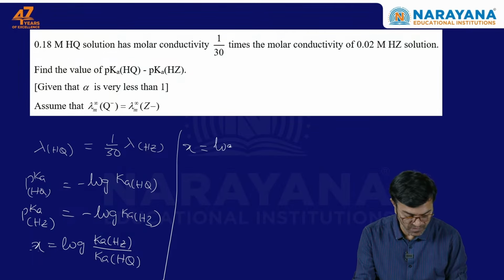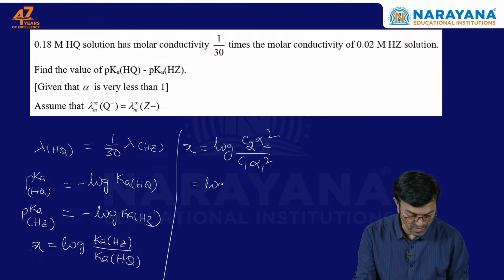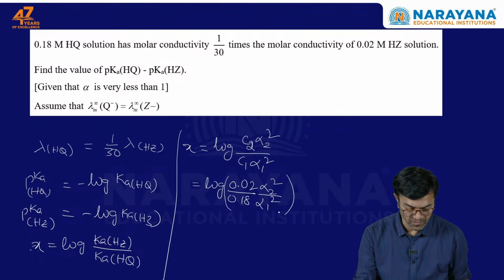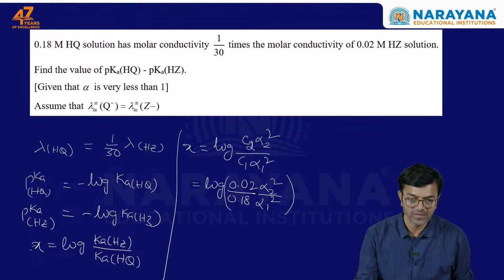So log of C2 alpha 2 square by C1 alpha 1 square, where HZ is C2. C2 is given, that is 0.02, and C1 is given, that is 0.18. So if you know alpha 2 by alpha 1 value, then we will get the answer.